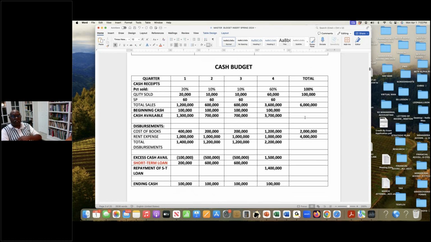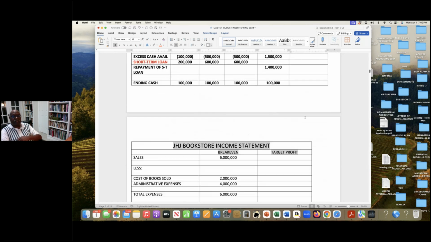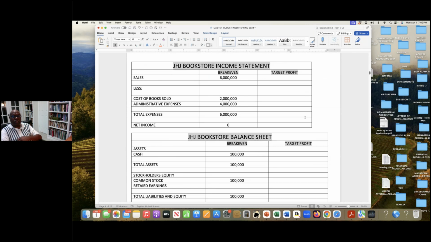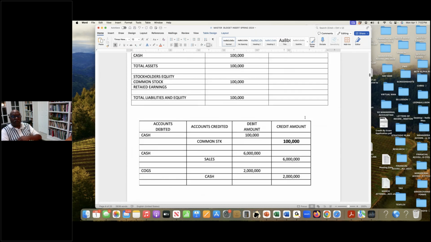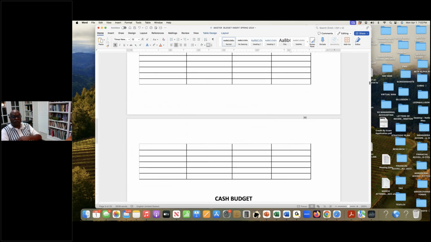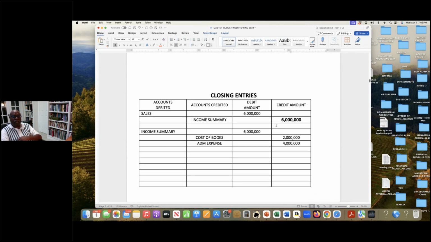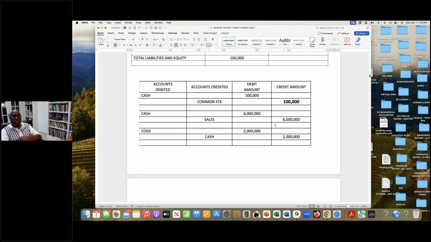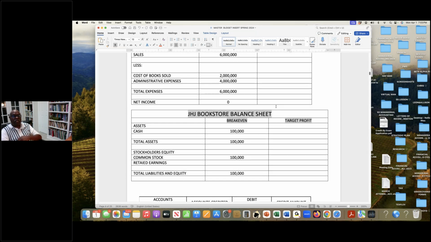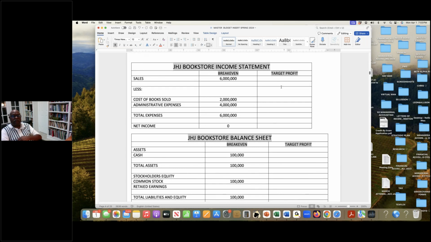So what I want you to do is work with that $1 million, complete this cash budget based on $1 million, make my journal entries, let me see a balance sheet and a target profit income statement and a balance sheet reflecting that million. So you aren't working on your project, you're working on this example. Got it? Got you.